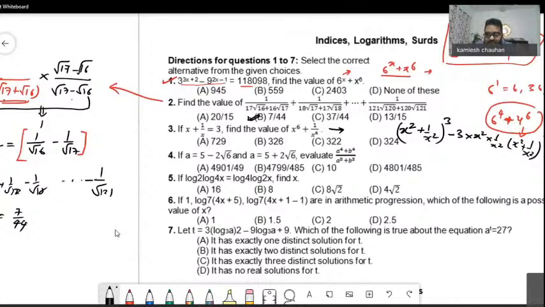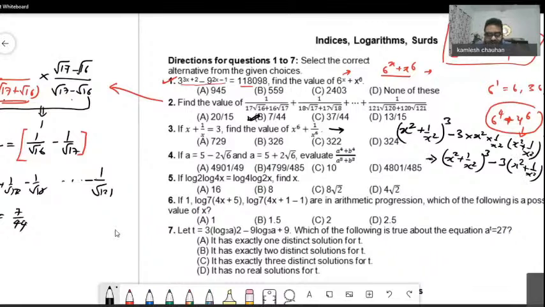This will cancel out, so we can write 2. So we need the value of x square plus 1 by x square. That is what we need.